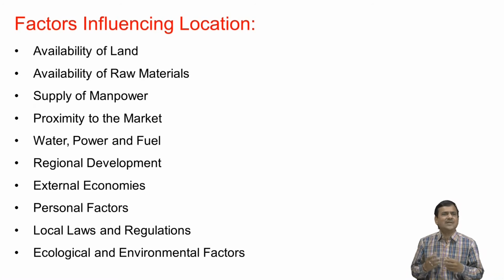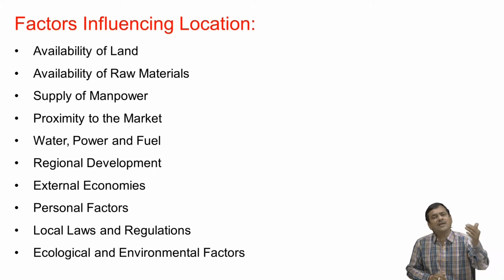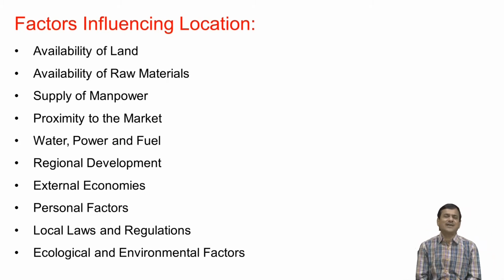If I am interested in establishing textile industry, then I should find out a location where cotton is easily available. So the place where cotton is farmed by the farmers, this is the best location because the raw material is available.